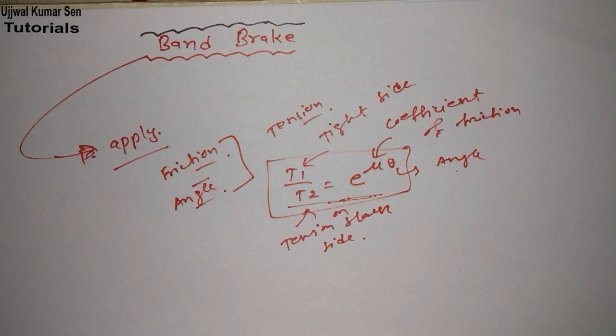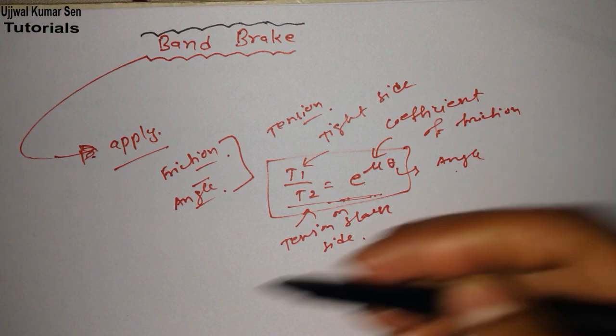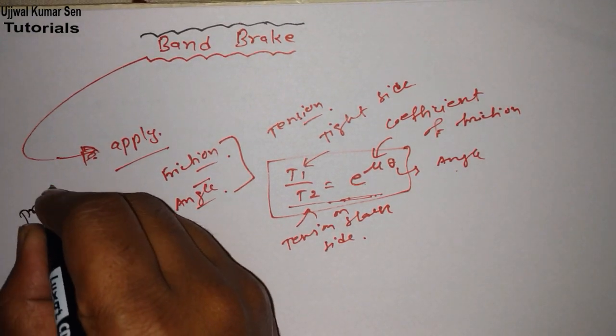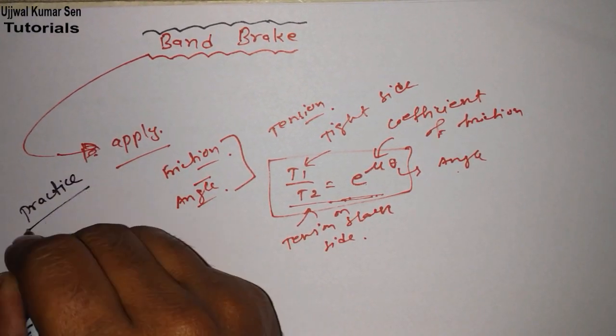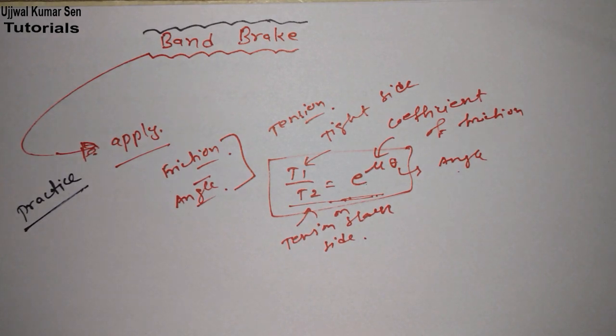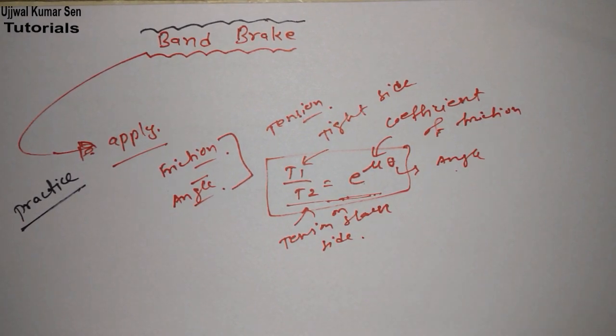For GATE preparation you need this word always with you, that is practice. You have to practice numerical problems and learn formulas, then only can you get a good score in GATE, right? So in case of band brake we got this formula.